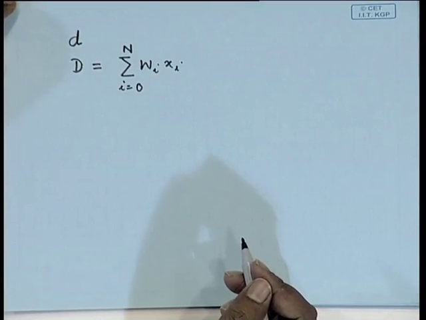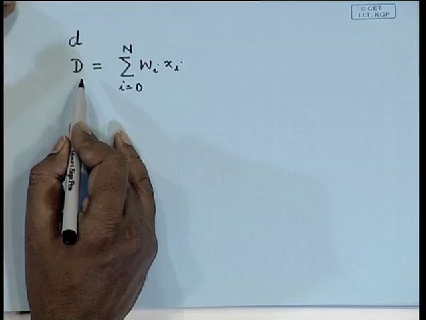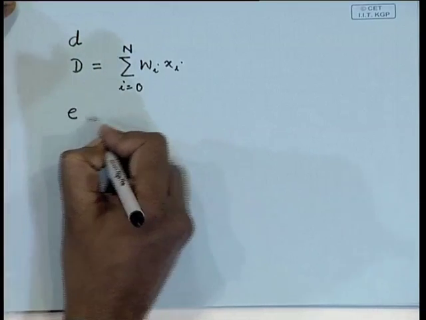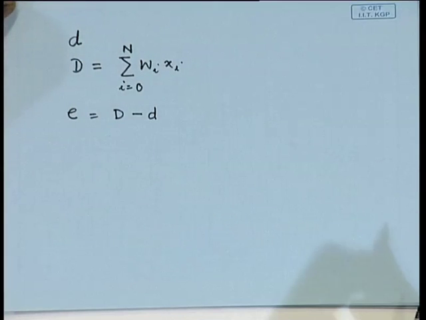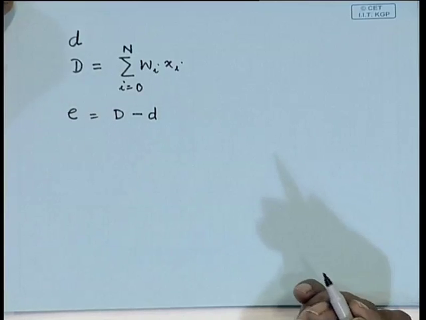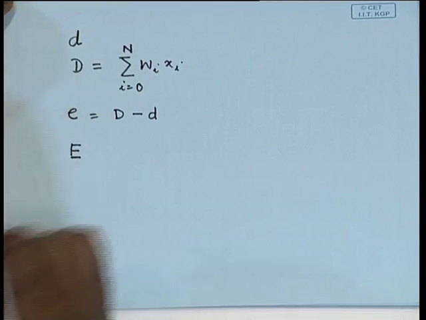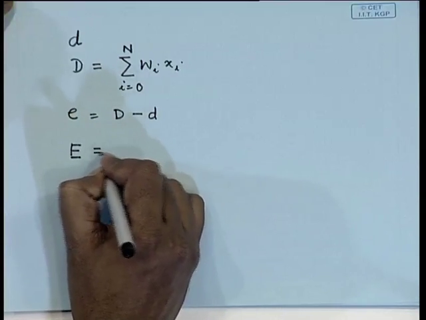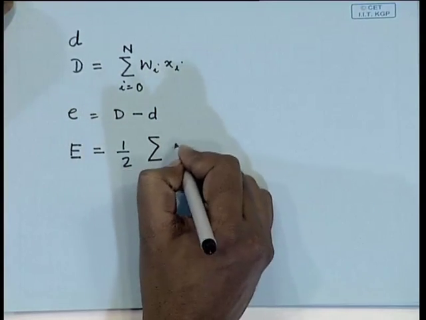So, this is my target output, and this is the actual output that I am getting. So, the error E is nothing but d minus the actual output. I can have the sum of squared error from this. So, I can say the sum of squared error, let me write it as capital E, which is nothing but half of summation d.